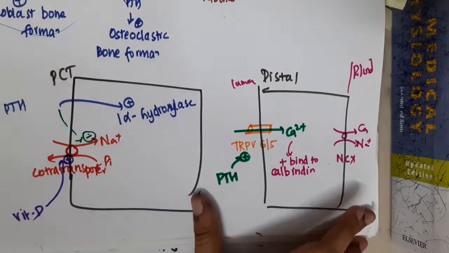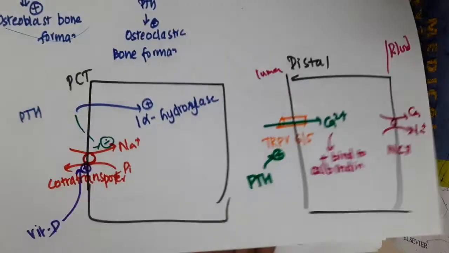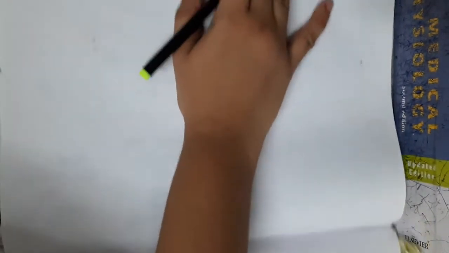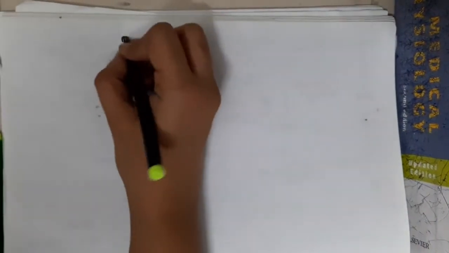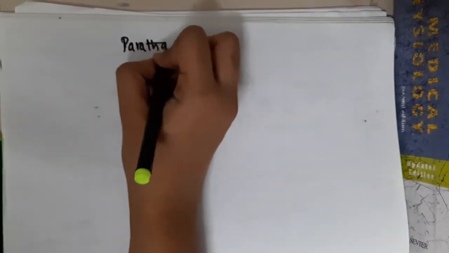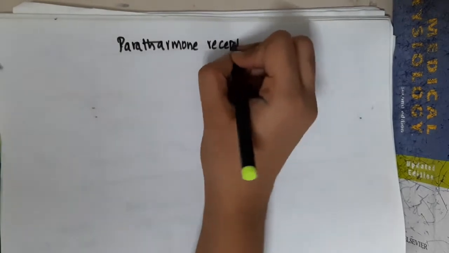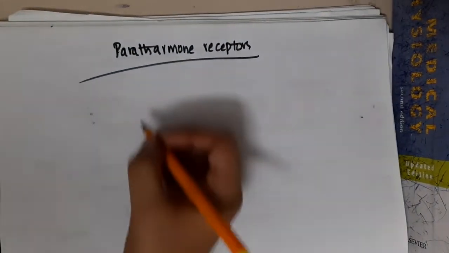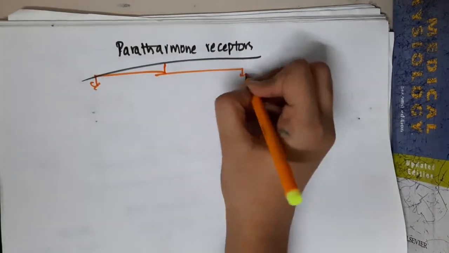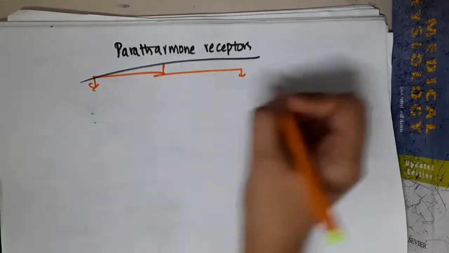Now, what are the parathormone receptors and where are they present? We will have to see the types of parathormone receptors. Parathormone receptors are of three different types.